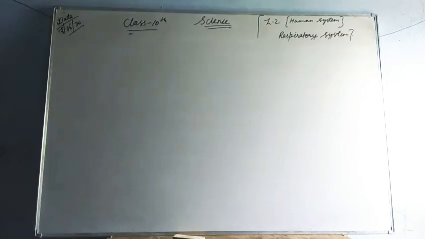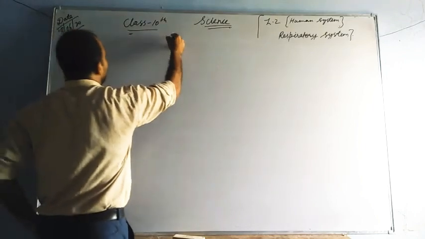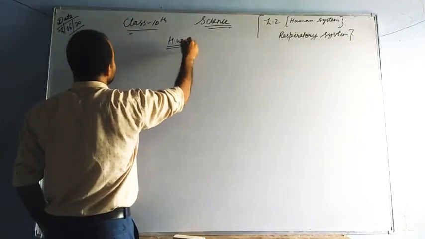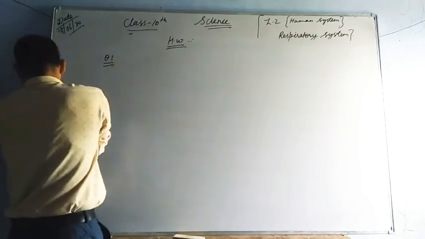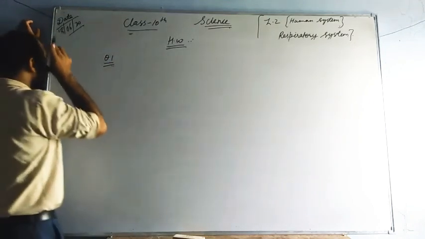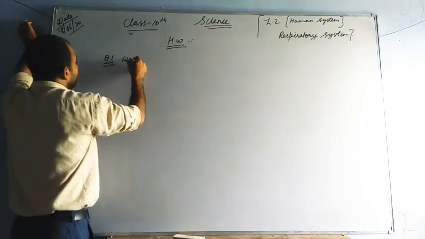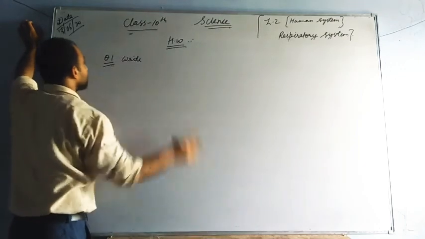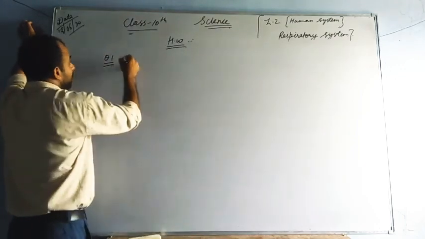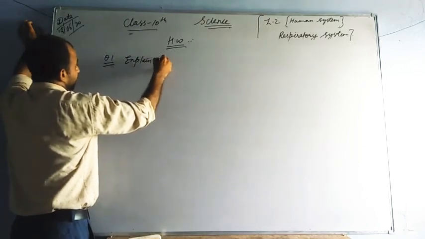Now, we are moving to the next thing, and that is questions from this homework, from this part. So, question number 1. Explain bronchi.